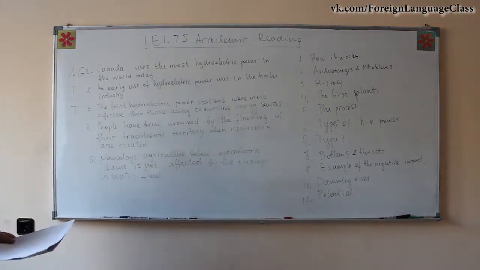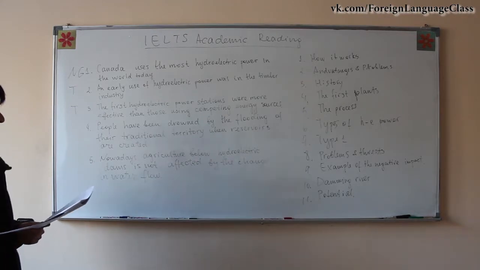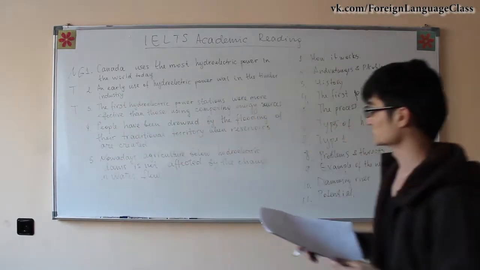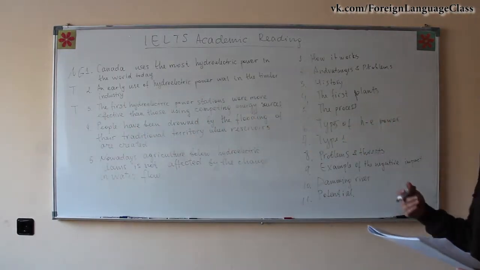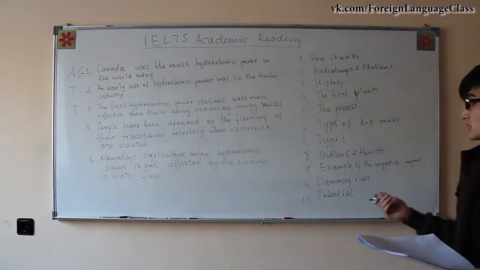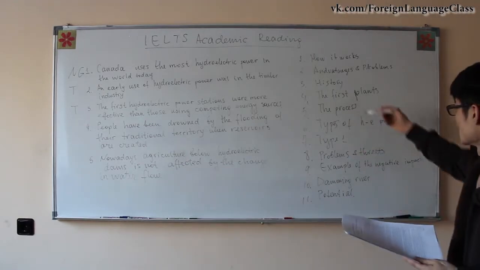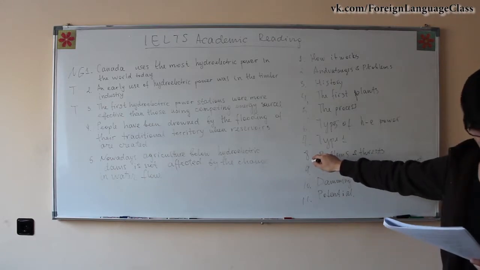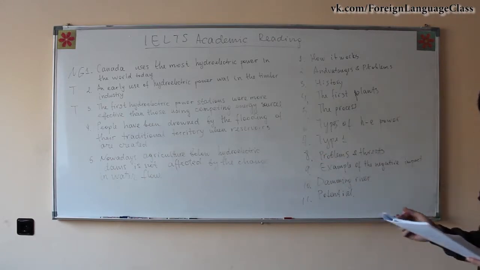The next question. People have been drowned by the flooding of their traditional territory when reservoirs are created. People were drowned, so probably it's describing a kind of problem with hydroelectric power. Problems, so probably paragraph number 8. Let's look for the information in paragraph number 8.